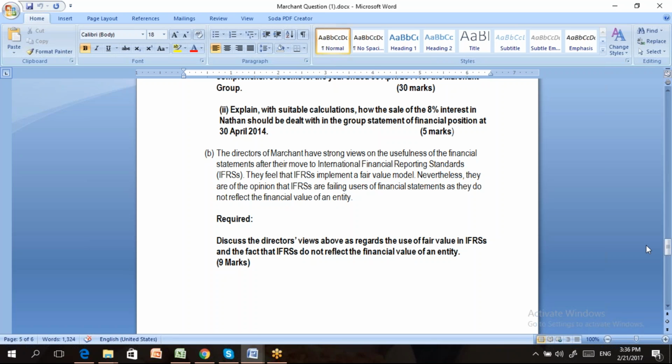The objective of the business is to hold the financial asset and to collect the cash flows, and the contractual cash flows under the instrument solely represent payments of principal and interest. So, in other words, so long as you hold the instrument purely to get the future cash flows, that must be measured at amortized cost.